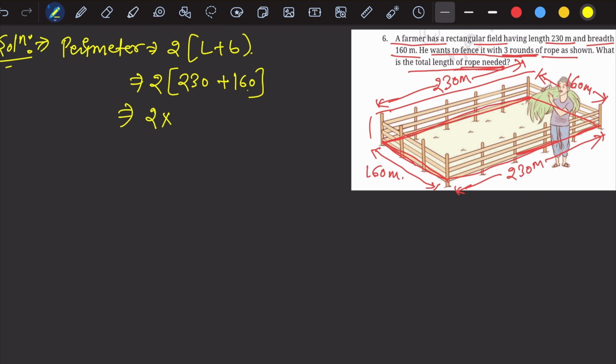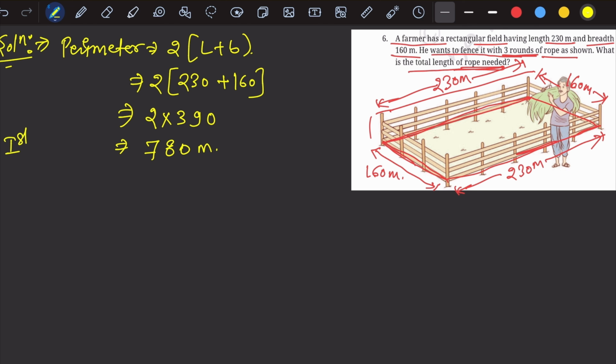What is the sum of this? 0, 6 and 3, 9, 2 and 1, 3: 390. 390 into 2: 9 twos are 18, 1, 2 threes are 6, and 7. So this is the total length of one round.